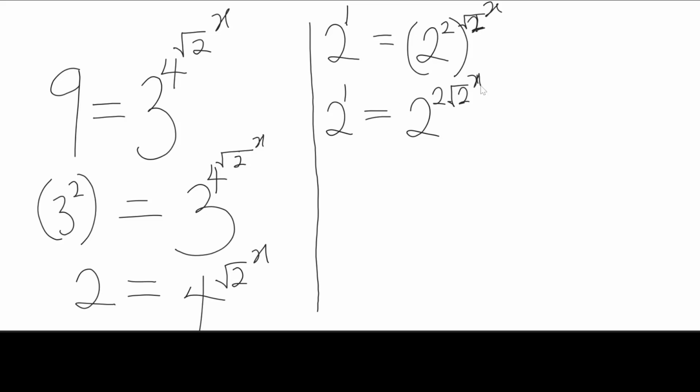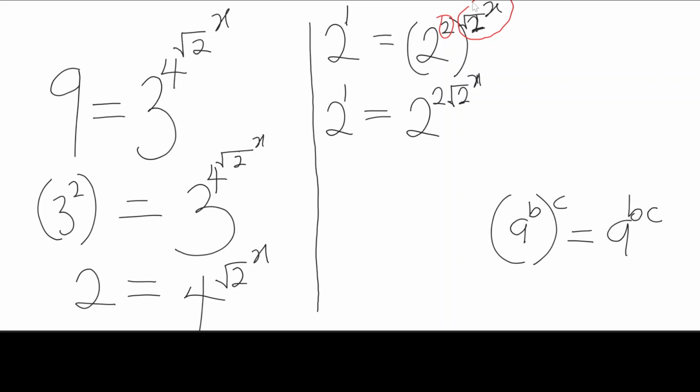The reason why it's like that is part of the law of indices: when we have a to the power of b inside a bracket, and outside we have to the power c, it means we multiply the powers to have a to the power of b times c. And that's what we are applying here. So we have 2 to the power of 2, then to the power of root 2, then to the power of x.